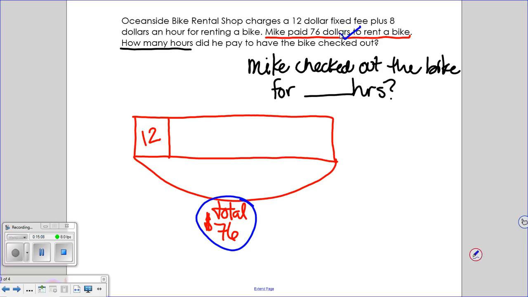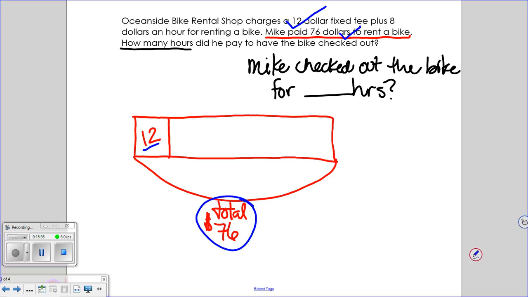What else have we done already? Draw the unit bar. Yep, we did that. What in our problem can we check off? The shop charged $12. Yep, we could do the $12 part because we've already got that done. So right there. Here it is.